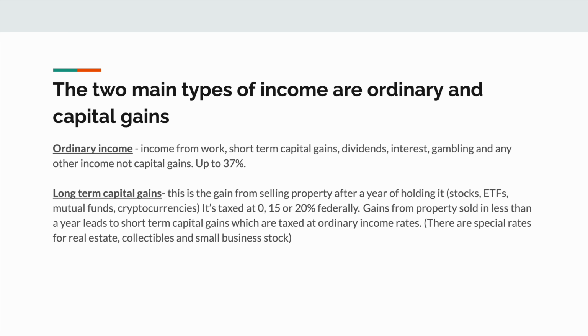So there are these two main categories of income, and it's really important because they end up being taxed differently. The income from work that we've been talking about from your job is going to be considered ordinary income. You can think of it as income from work that you're actively having to do.